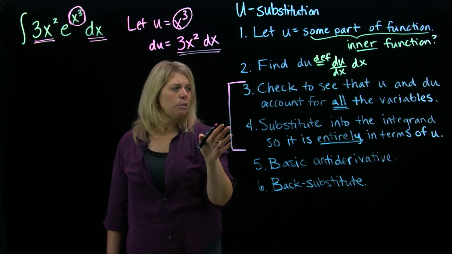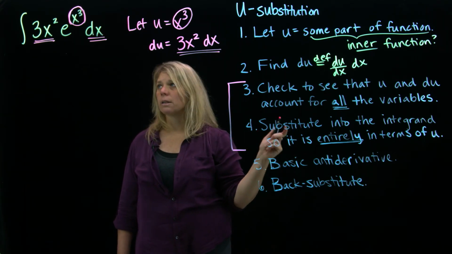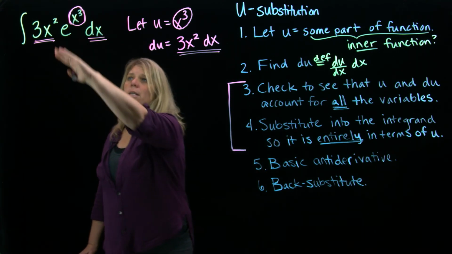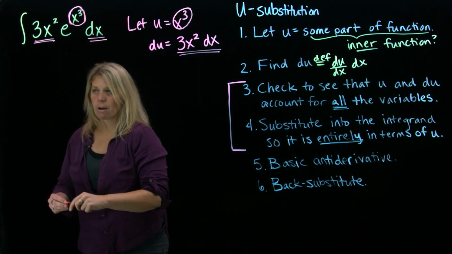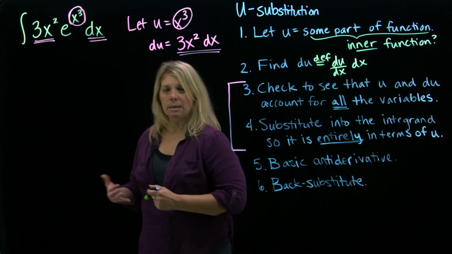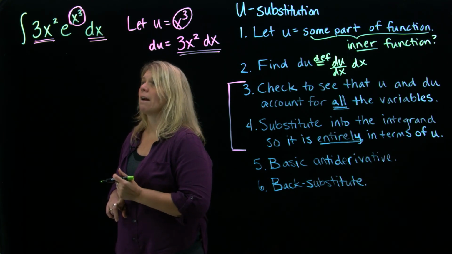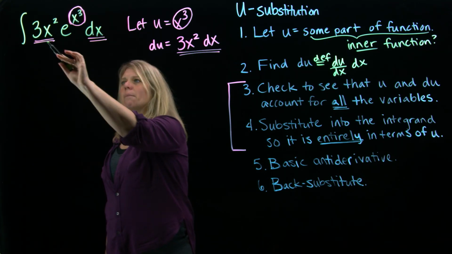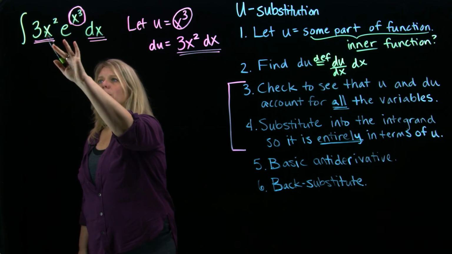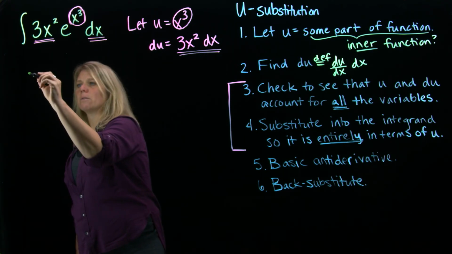And then you want to substitute into the integrand so it is entirely in terms of u and du. There should never be a step in your integration where you have both x's and u's in the integrand at the same time. I see people write that down sometimes. That's a bad habit to get into and technically incorrect. So the next step is to substitute in place of the 3x squared dx what that is equal to.